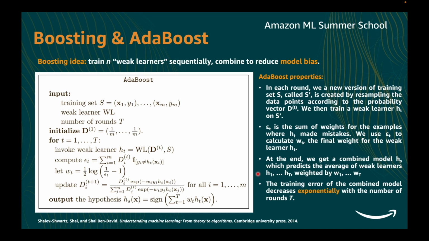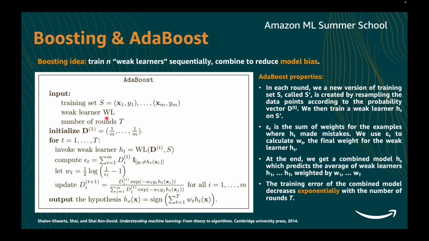The algorithm: you start with the training set, x1 y1 pairs. You can imagine this to be a classification problem where y is true or false, and then you start with a weak learner, which can be a decision stump, just a decision tree with a single node. You proceed in a number of rounds, t rounds.